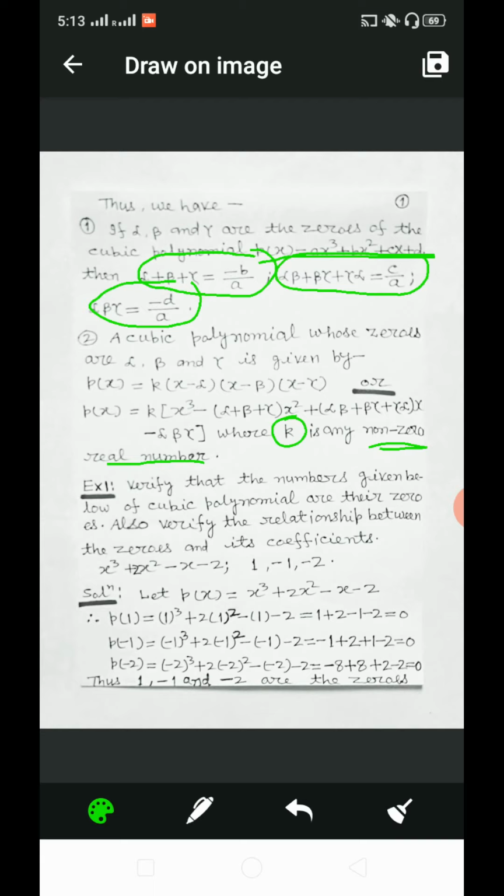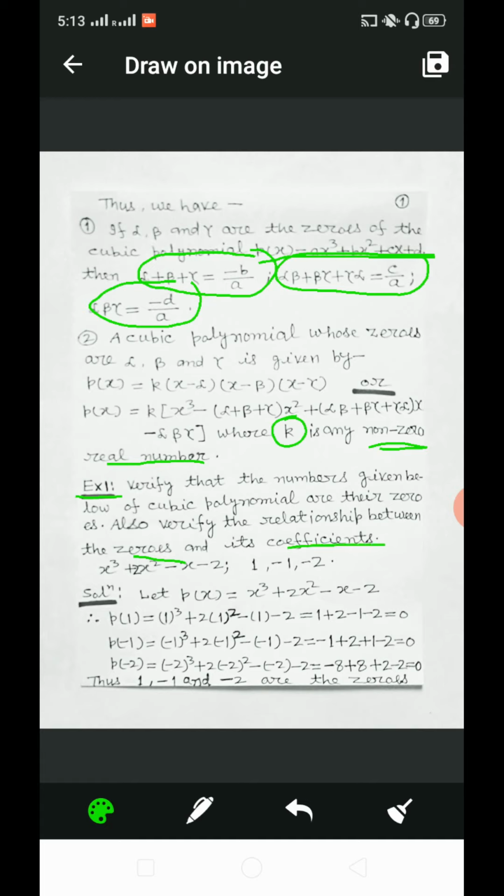Taking one example, verify that the numbers given below of the cubic polynomial are its zeros. Also verify the relationship between the zeros and its coefficients.